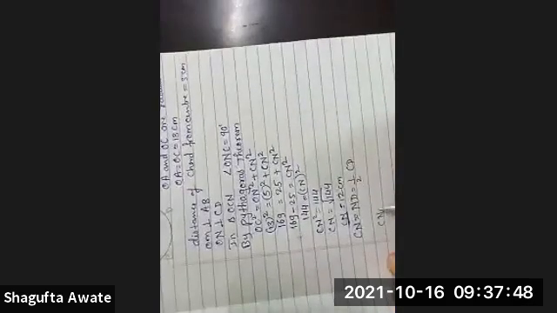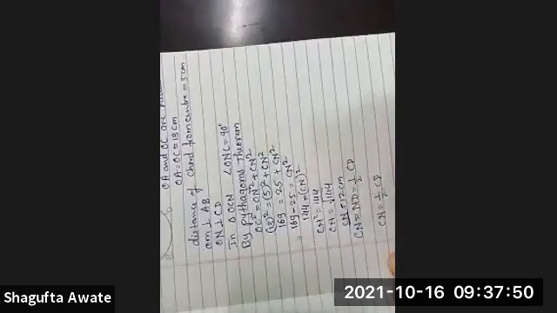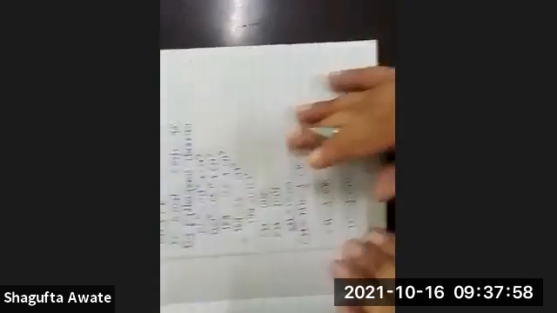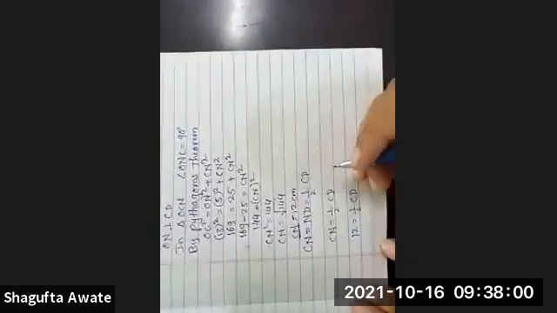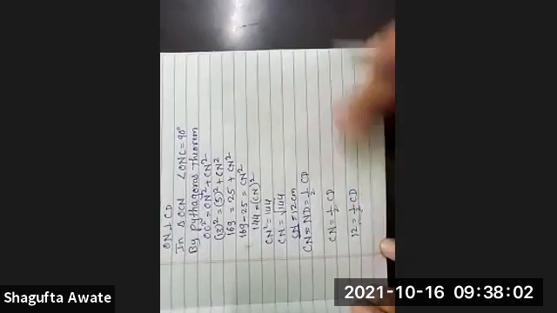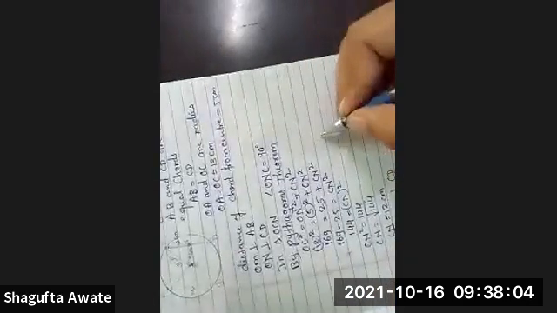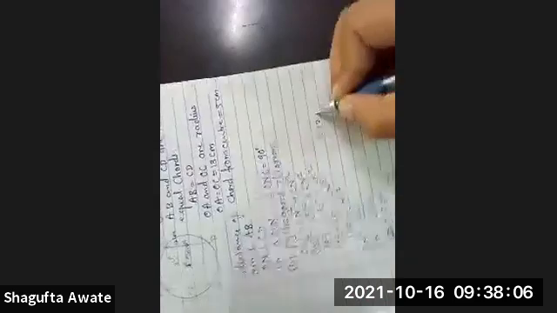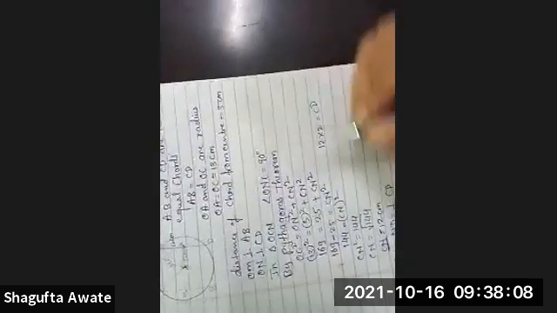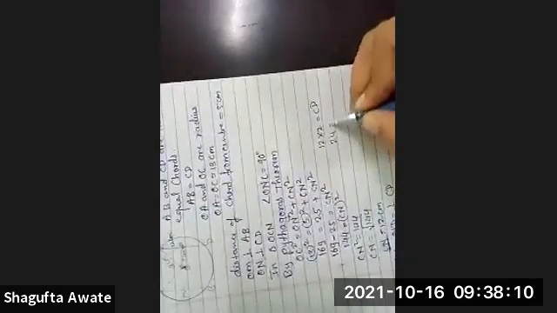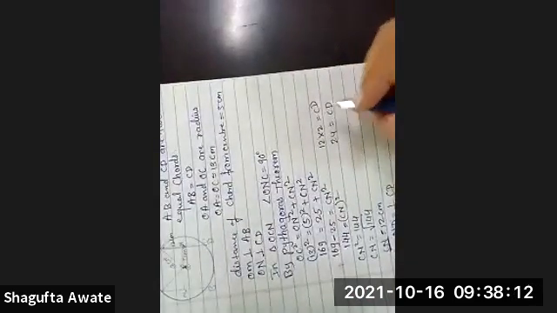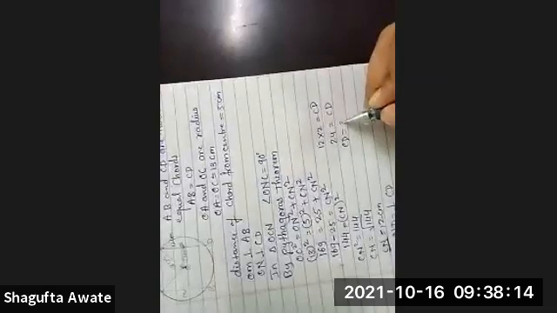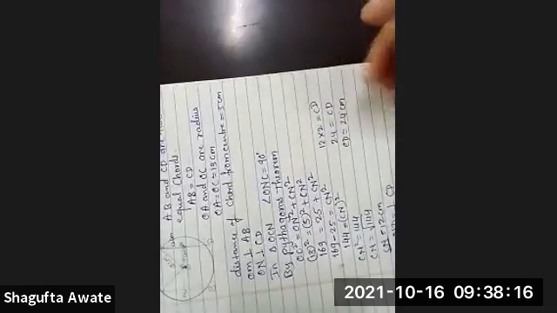CN is equal to half the length of CD. What is the value of CN here? 12. Half the length of CD, so this 2 will go this side. 12 into 2 is equal to CD. So 12 2s are 24 is equal to CD. So the measure of CD we can write here as 24 centimeter.